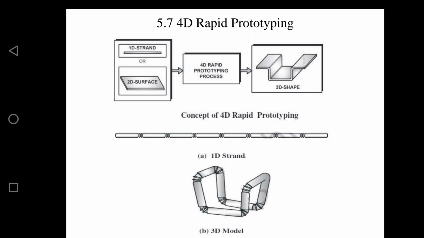Till now we had a 1D strand, but now we have the 3D shape of the desired object. Okay, so this is how 4D printing works.